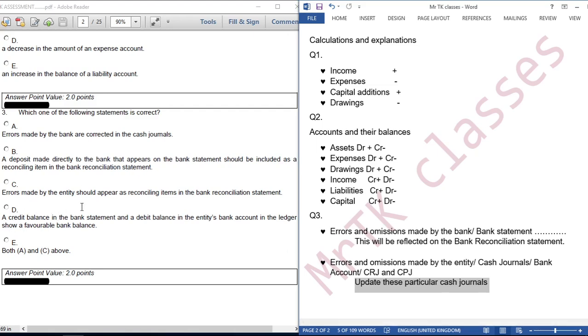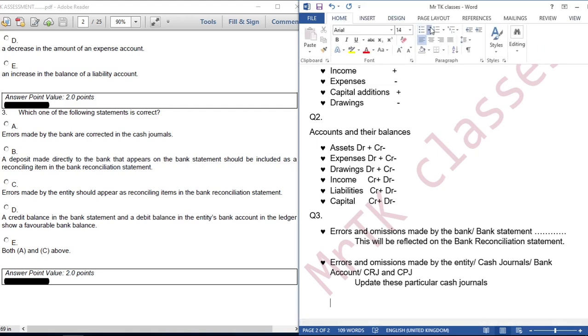All right, move on to D. A credit balance in the bank statement and a debit balance in the entity's bank account in the ledger show a favorable. So there's something I need to write again here. I guess I need a different bullet for this.